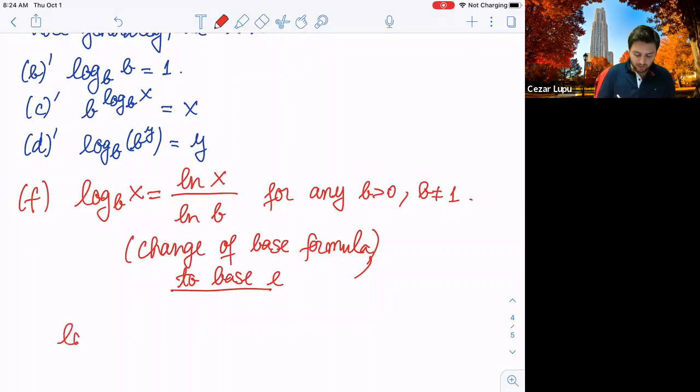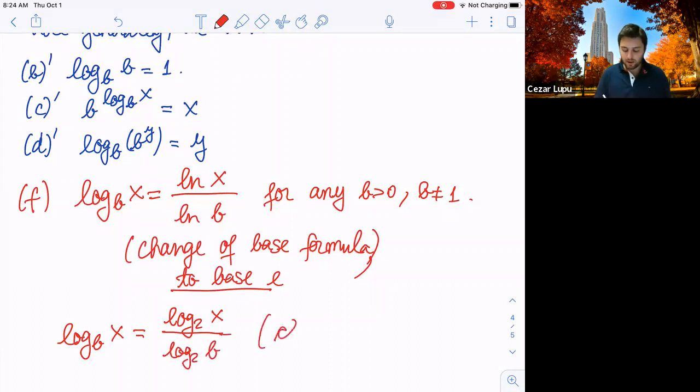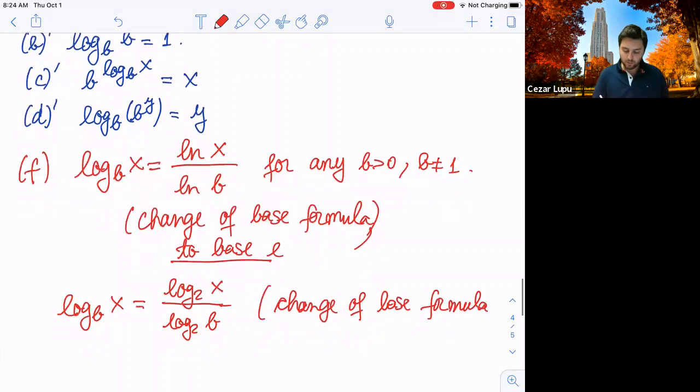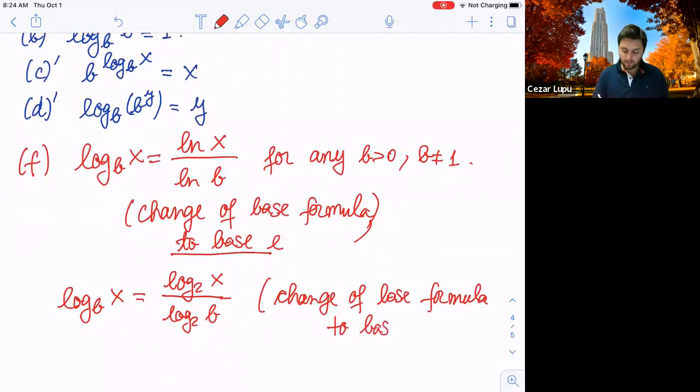Log in base B of X will be nothing else than log in base 2 of X over log in base 2 of B. We'll call this the change of base formula to base 2. And you can play with this. You can change it to any base you want, right?